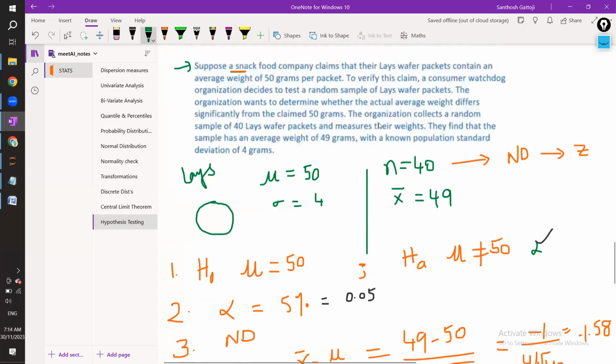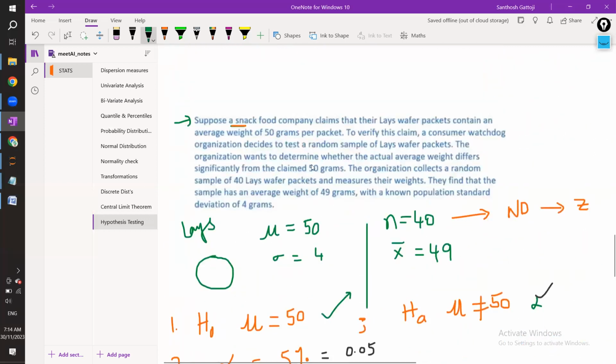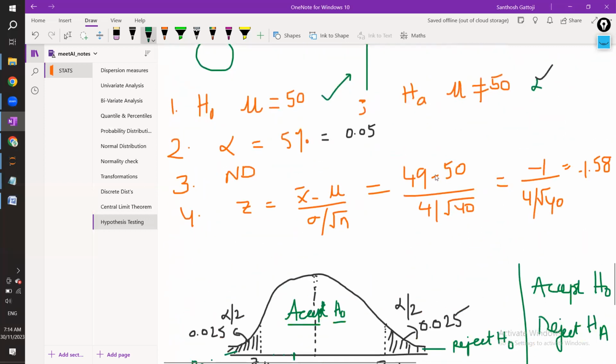That means whatever the company is saying, that the average weight is 50, we can accept it, because the test statistic from our sample is not falling in the rejection region.